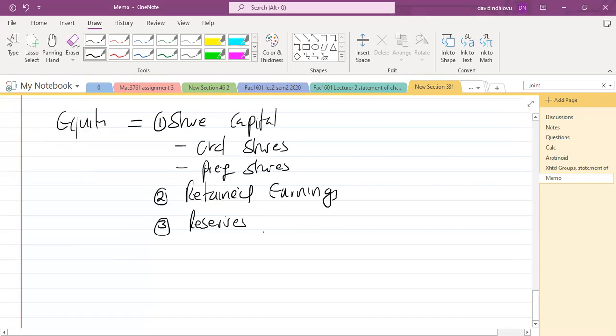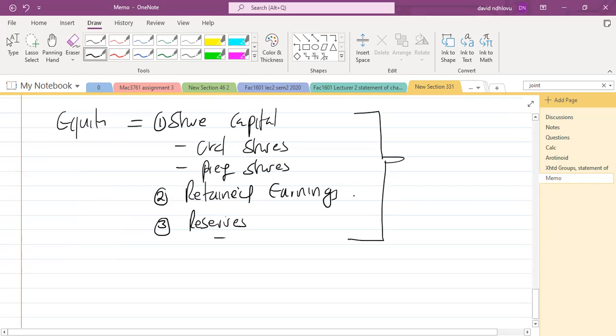Sometimes reserves can simply be retained earnings that the entity wants to preserve for a particular use. Then they set the money aside for that particular usage. It's a portion of profit which ordinarily should be retained earnings, but the entity has decided that they want to specify the particular use of a certain amount. Then they actually classify the reserve. So all of this represents equity in a company.